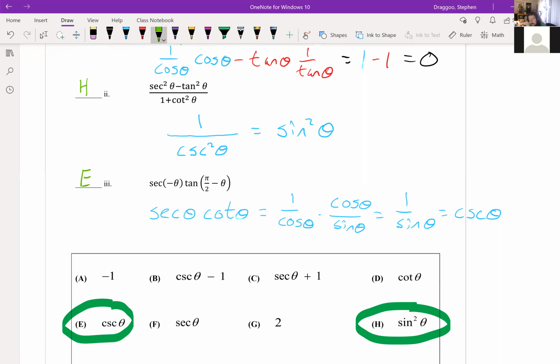So secant and tangent are not on this exam. That'll be worksheet 8. The secant, tangent, cosecant, cotangent. So it's just graphs of sine and cosine.